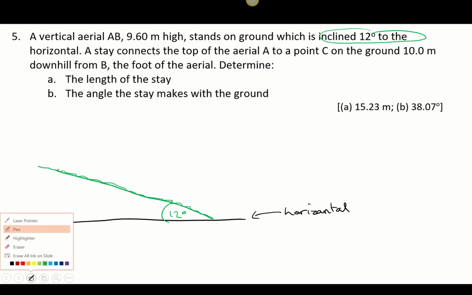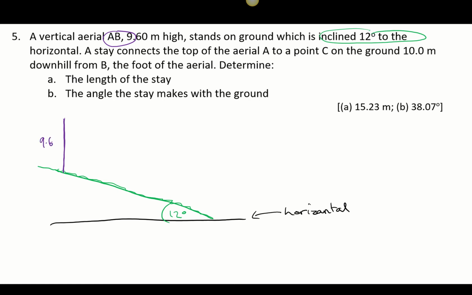Then we're told we have a mast, and we'll put our mast in purple. So an aerial, it's vertical, so it's going straight up from this ground, and we have AB, which we're told is 9.6 meters high. At the top is A, the top of the aerial, and the bottom point down here is going to be B. We're also told there's a point C on the ground, so it's going to be on this green ground, that it's 10 meters.